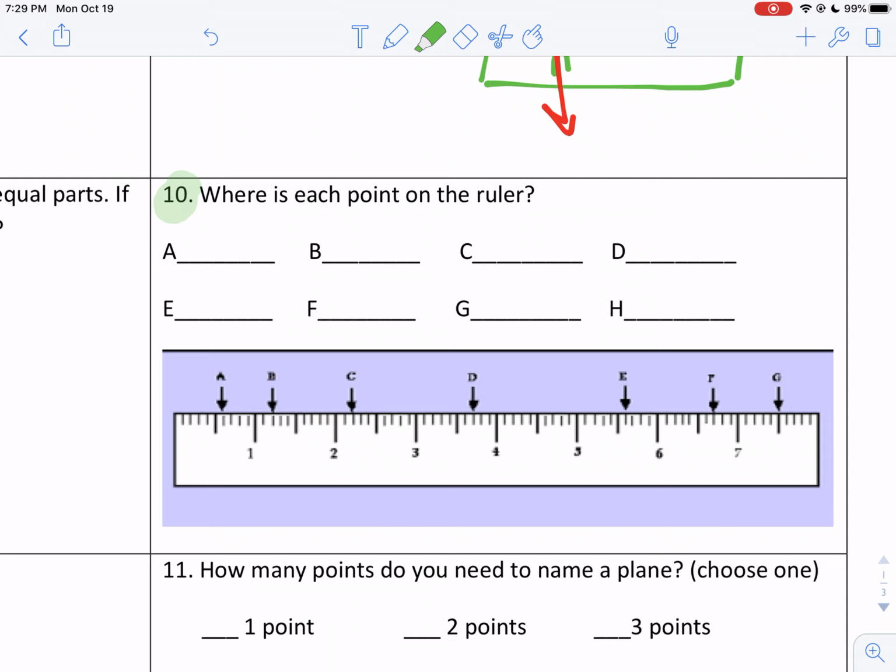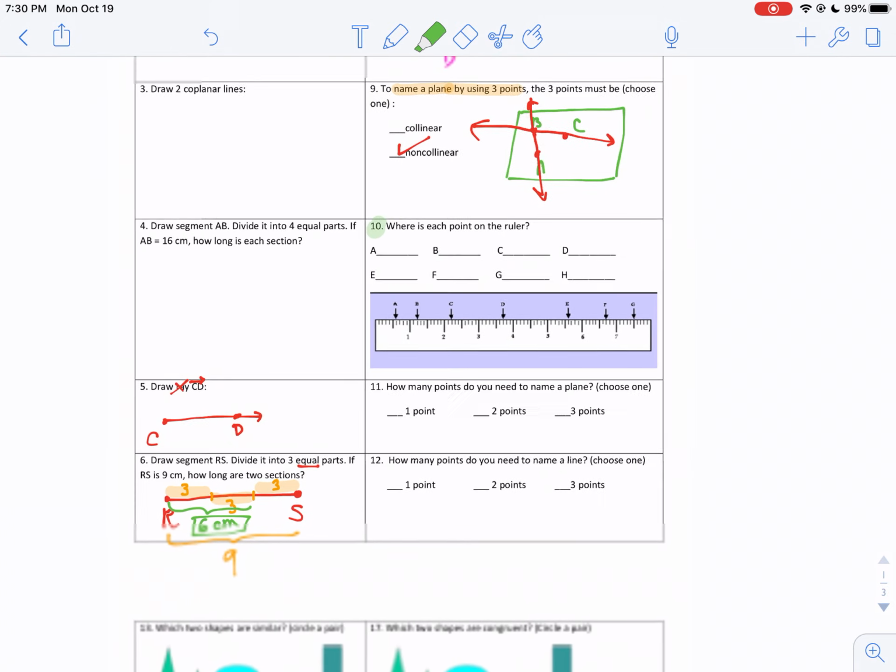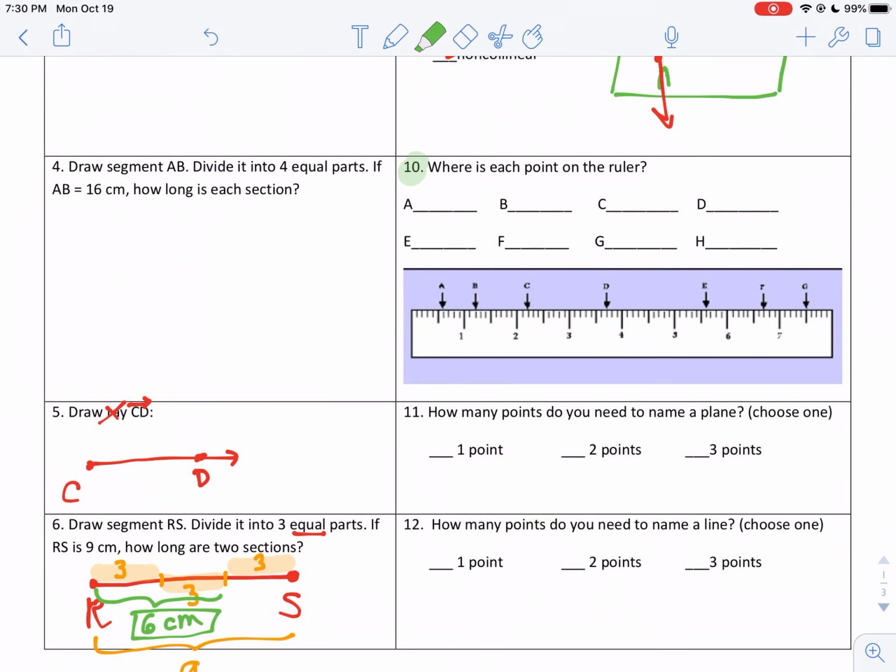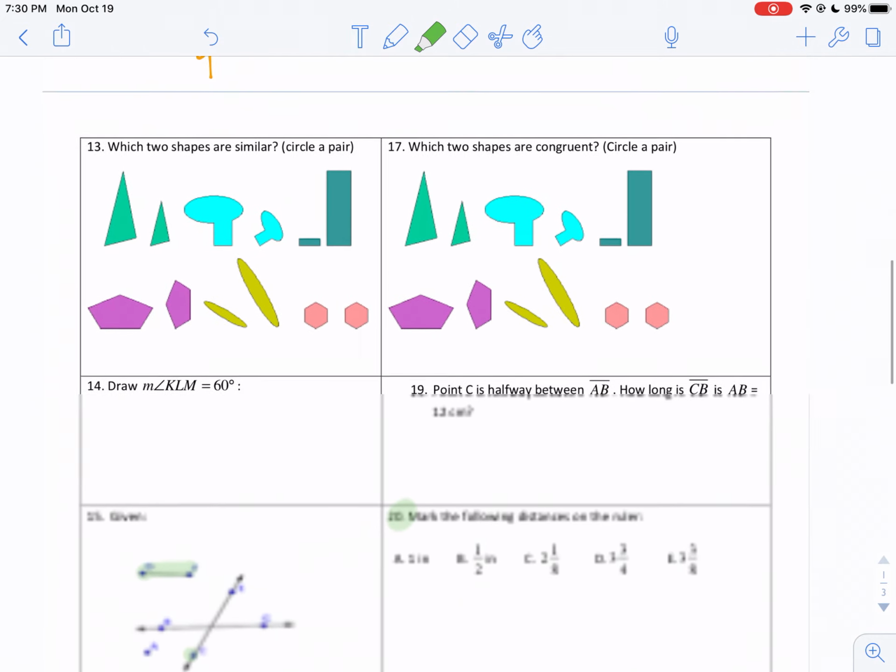So I am going to stop right here, and I'm going to show you how to read a ruler in both inches and centimeters in 2 different videos. So that way you can stop right here, pause this, and then go back and watch the other 2 videos, and then you can come back and finish this worksheet and submit it. Because it's going to take me a little while to explain how we read a ruler.